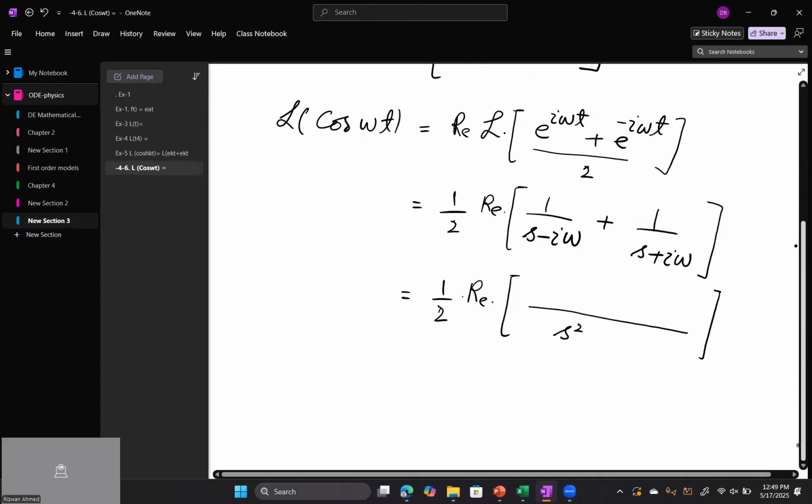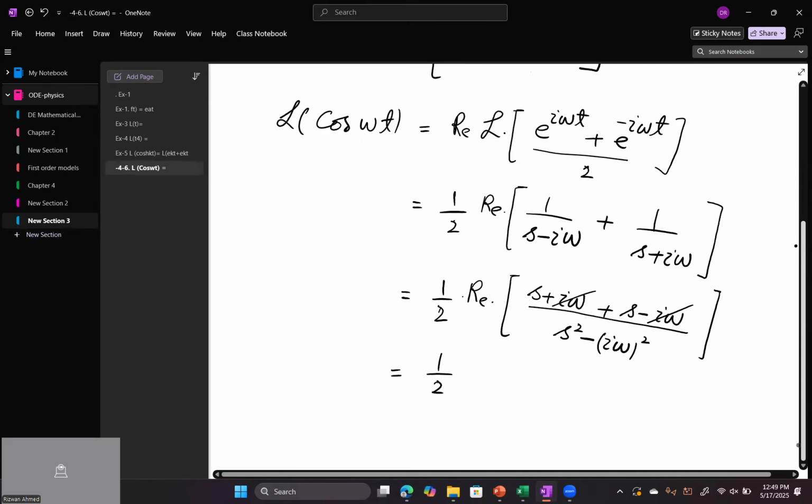S squared minus iota omega squared, and then here it will be s plus iota omega, and s minus iota omega. So luckily the imaginary part has naturally been eliminated.